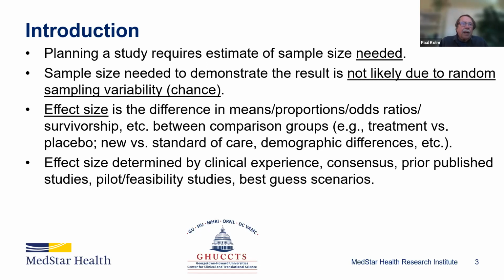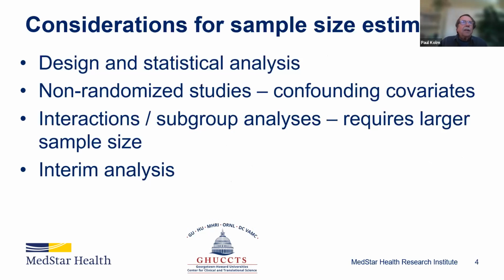Or often a pilot or feasibility study is done to get an estimate. If you have absolutely no idea, then what we can do, or a statistician can do, is give you kind of best guess scenarios depending on the data that you have.